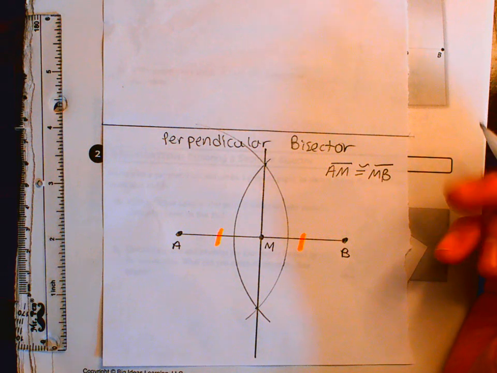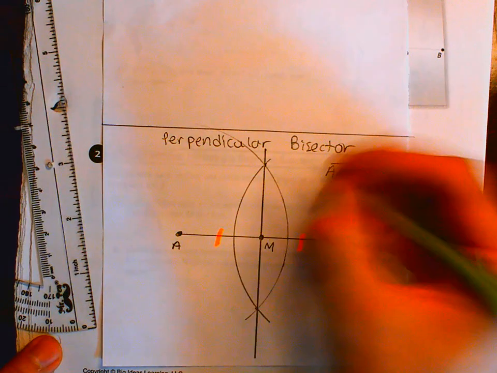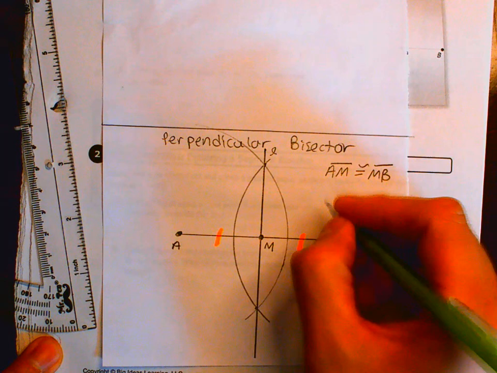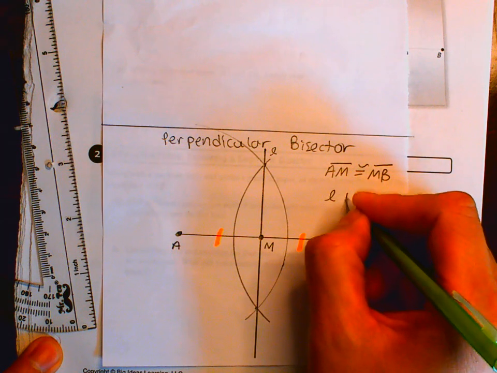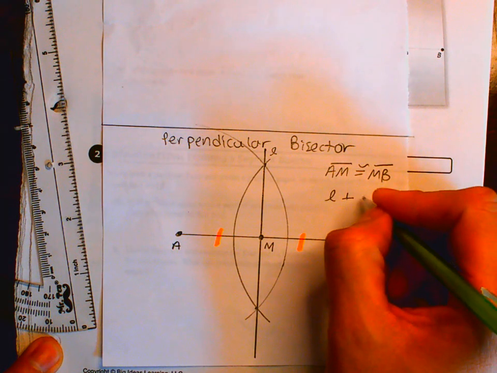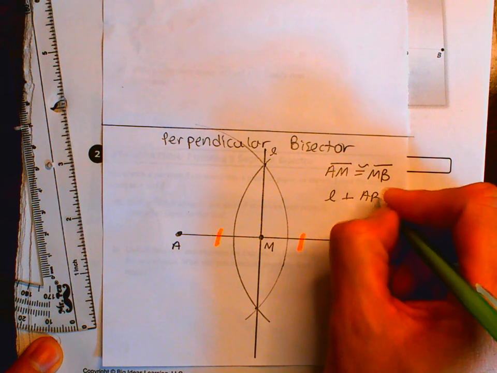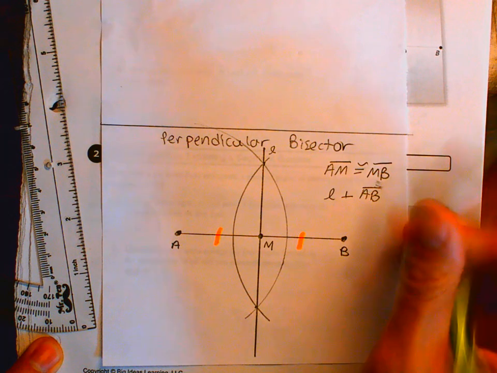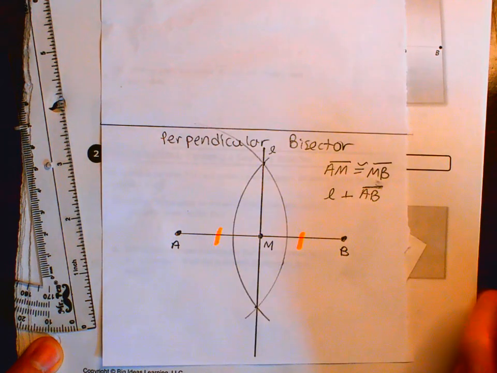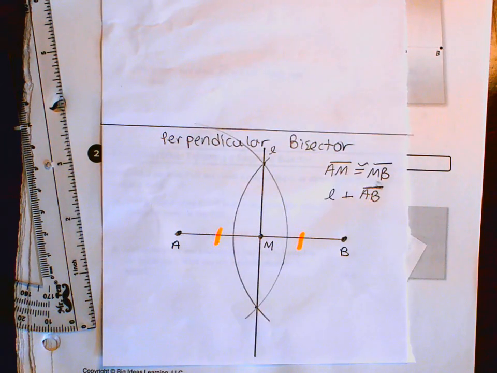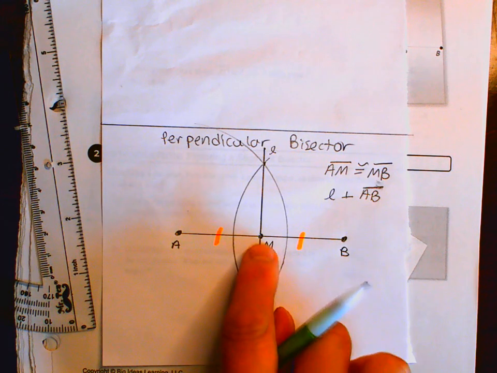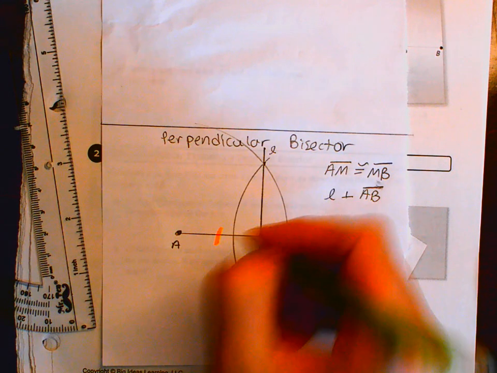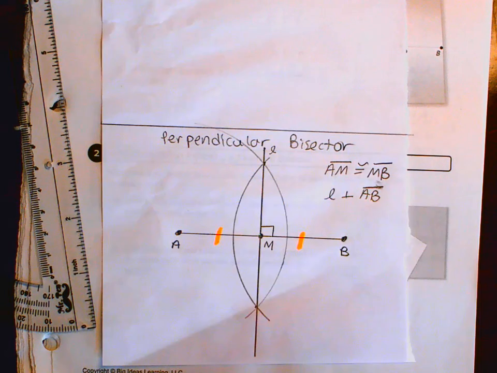The other thing is that we have that line, which we're going to call line L. So we have line L perpendicular to segment AB, because we made it a segment. And it's perpendicular at point M. So we call this the perpendicular bisector.